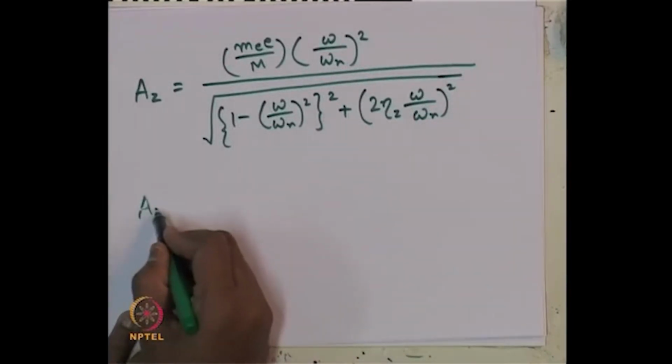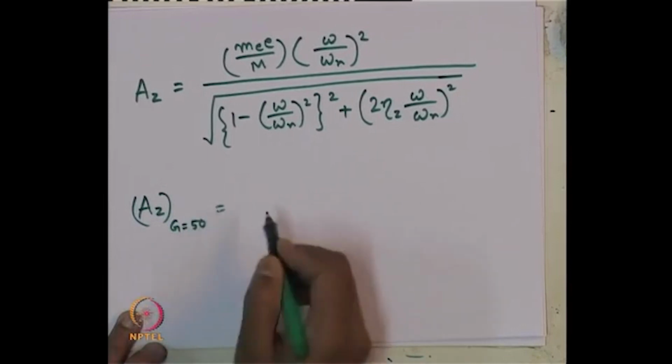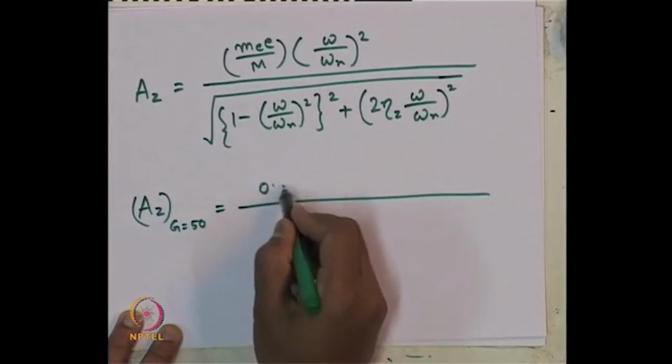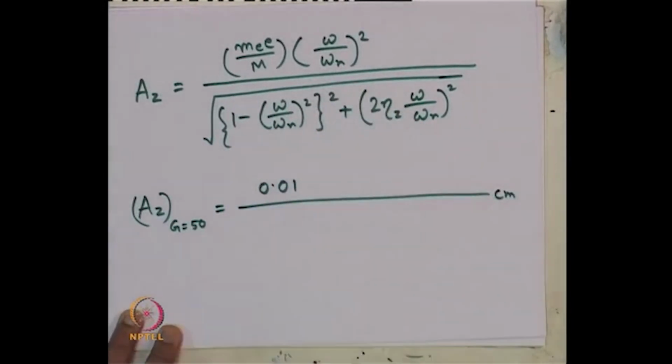So, for the first type of soil, Az with G equals to 50, these terms remain the same, 0.01 centimeter. The unit will be centimeter, all others are ratios.